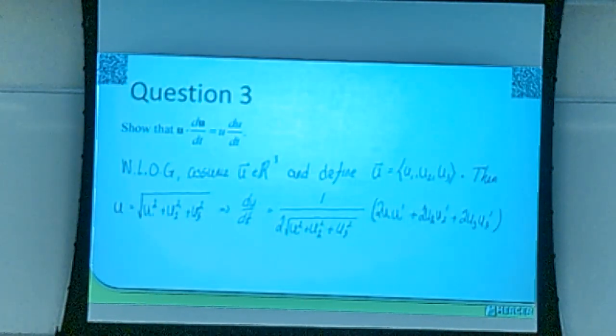I'm going to use the prime notation here to save time. We want du over dt. It's implicitly stated that each component of u is a function of t, because u is a function of t. But when we actually do this, we're going to get this, right?